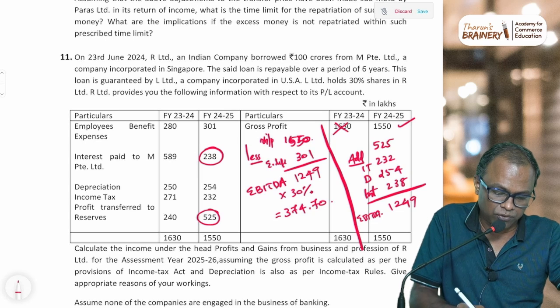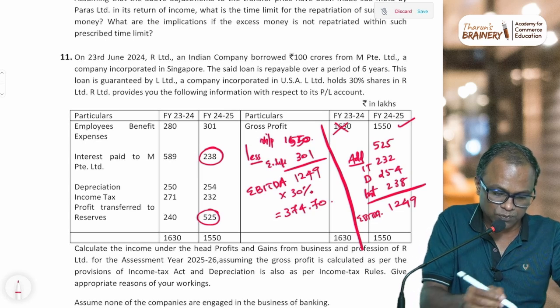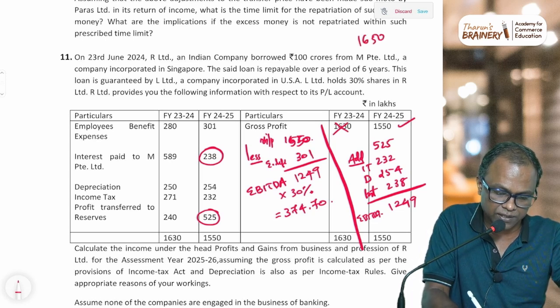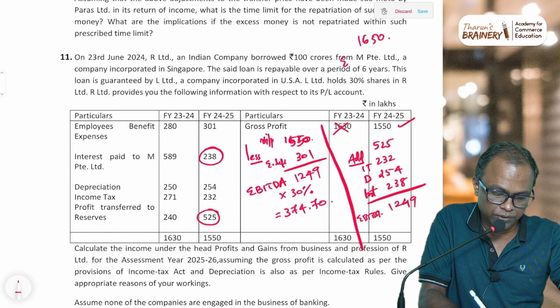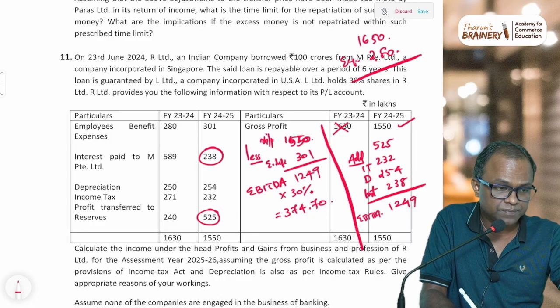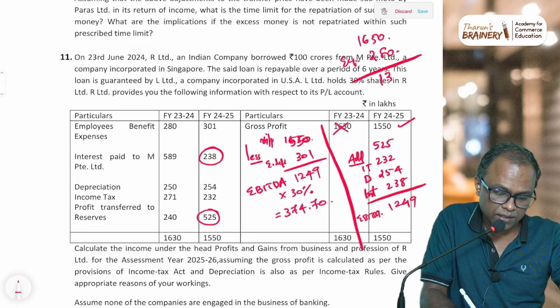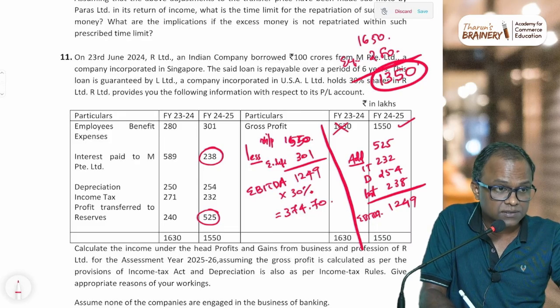In 23-24, 1650 is the gross profit. So reduce employee expenses, that is 280, right? So what is the EBITDA last year? 1350.